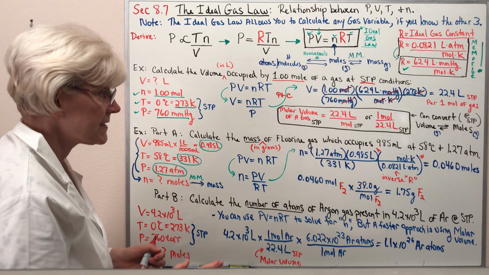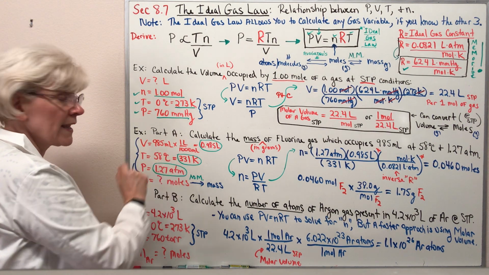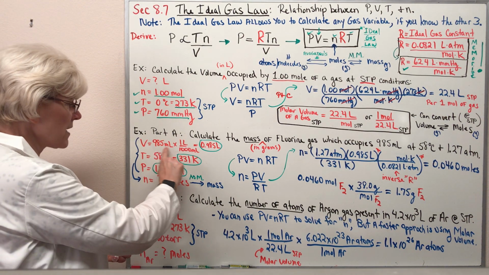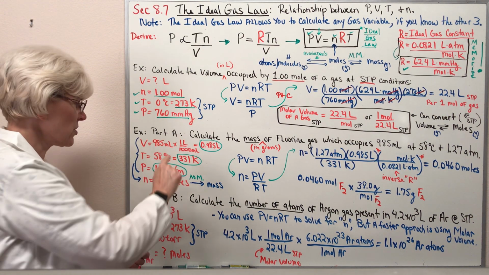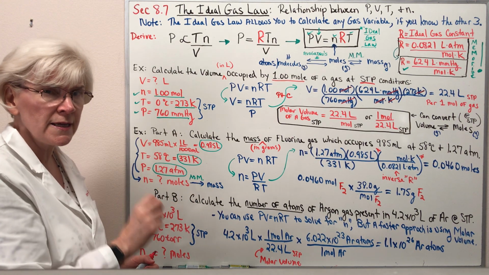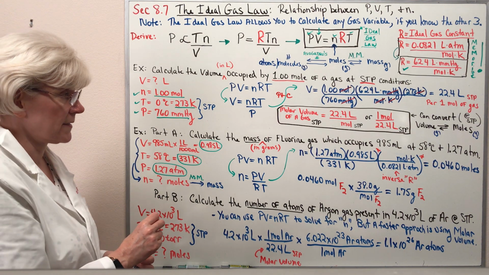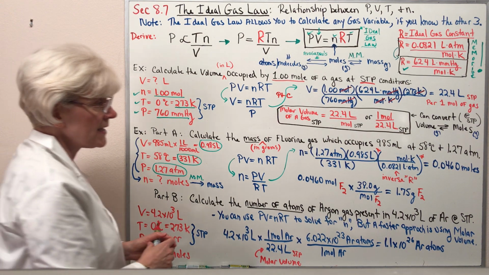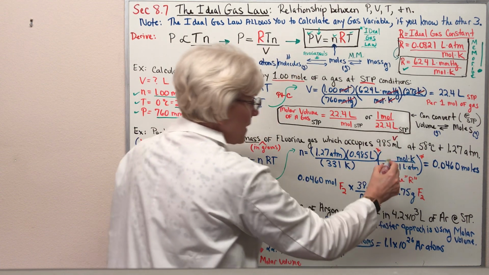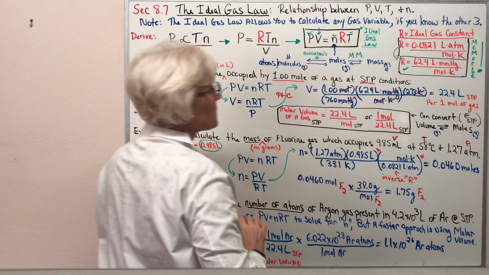Let's take this data and label it. Our volume is 985 milliliters. And notice that I took that milliliter volume and converted it into liters. Why did I do that? Because I see that I've been given a volume, a temperature, and a pressure.